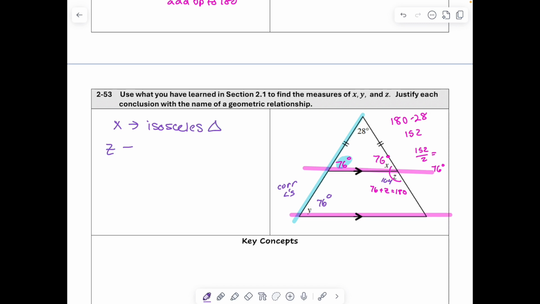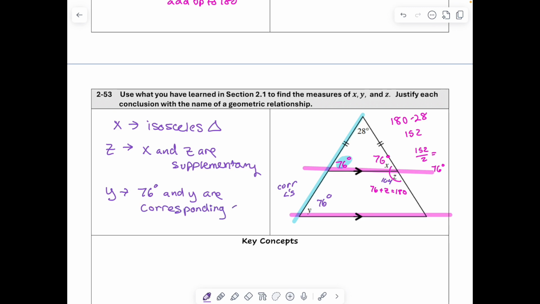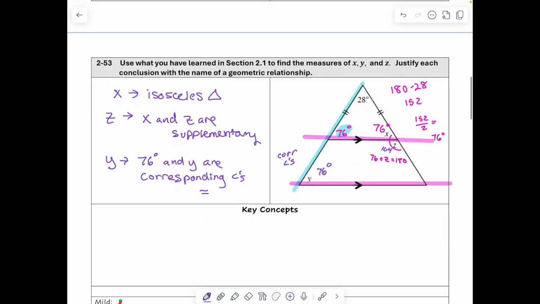We found z because x and z are supplementary. They make a straight line. And then we found y because the 76-degree angle and y are corresponding angles. So they're the same.